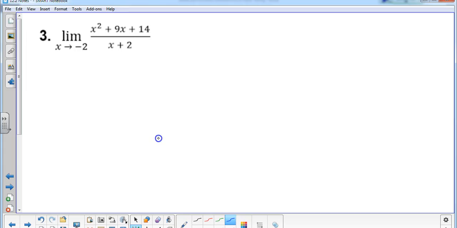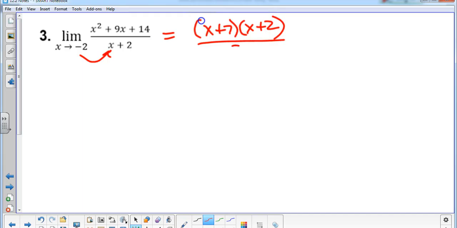So let's try this one. Is -2 a problem? Sometimes they'll give you a limit that isn't a problem. Even though this has an undefined place, if I asked you to find the limit at 5, you just plug in a 5. Okay? This one asks us to put in a -2 though, and that's a problem, right? So, what can we try? What algebraic method did we just talk about? X plus 7, x plus 2 over x plus 2.